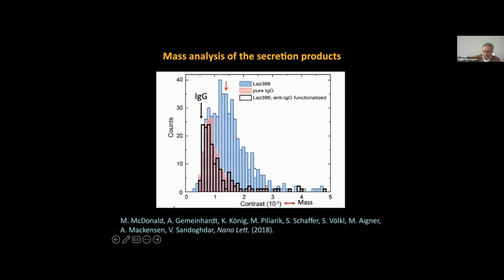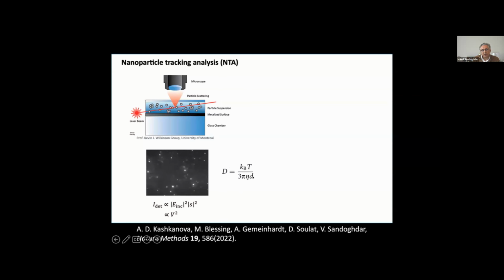By looking at the trajectories, they can extract the diffusion coefficient, and from the diffusion coefficient, you can extract the size of the particle. But if you remember, dark field microscopy is proportional to the volume of the particle, and the signal becomes very small very quickly when the particle becomes small.